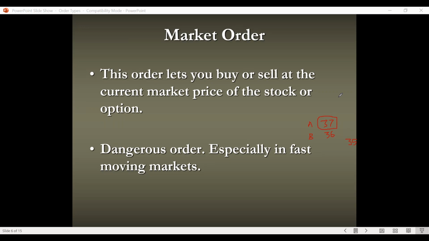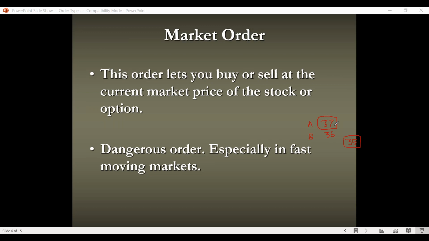But the last order transaction that actually went through could have been at 35. Now, again, it's kind of like let's say you're at a store and you're looking at something on the shelf. Well, the shelf price is $37.